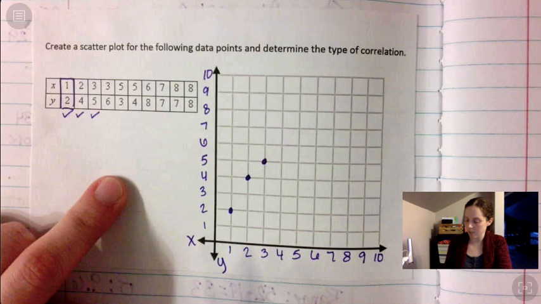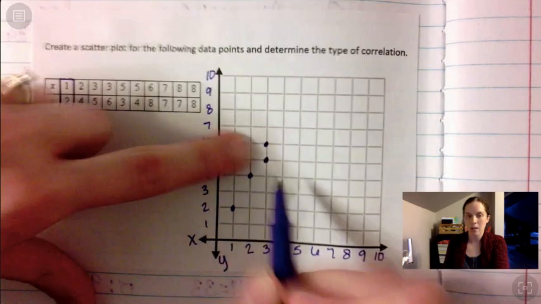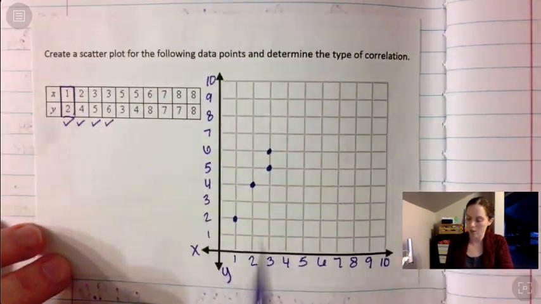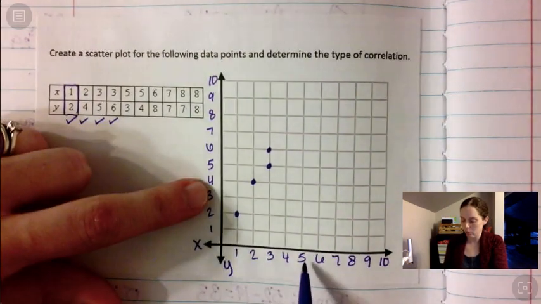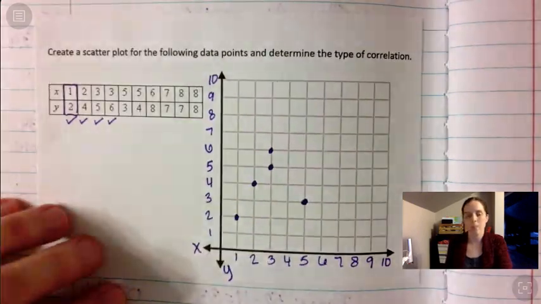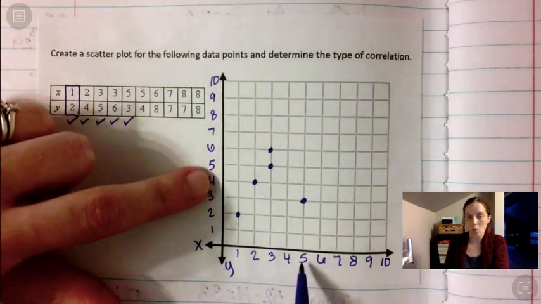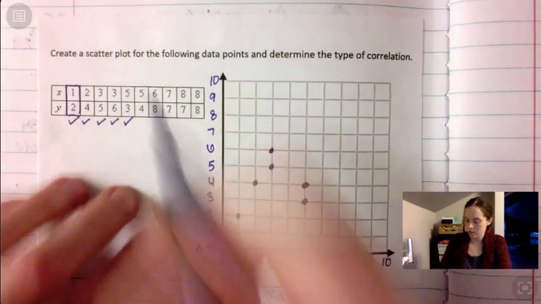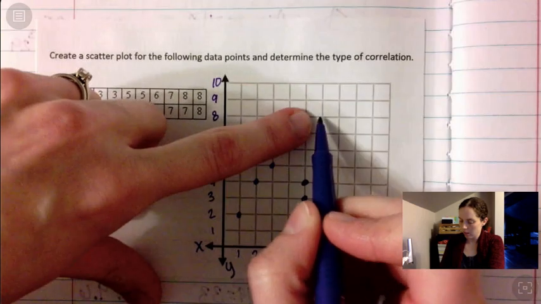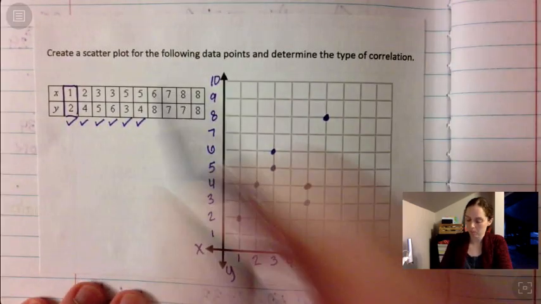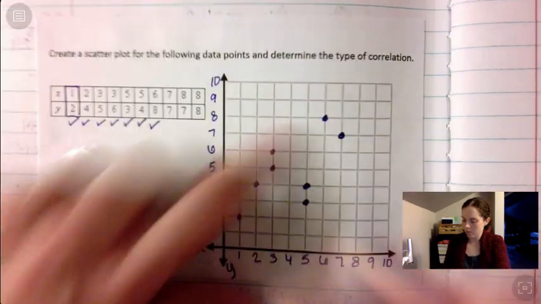Next is 3 and 6, so I go to 3 on the x, I go up to the 6 here, I follow my lines, I put my dot. Check it off. Next I have 5 and 3, so I go to 5 on the x, 3 on the y, follow up, they mark there. 5 and 4, so I go to 5, I go to 4, follow the lines. 6 and 8, so I go to 6, I go to 8, I come up here, there's my point. 7, 7, so I find 7 on both of them, put my point.